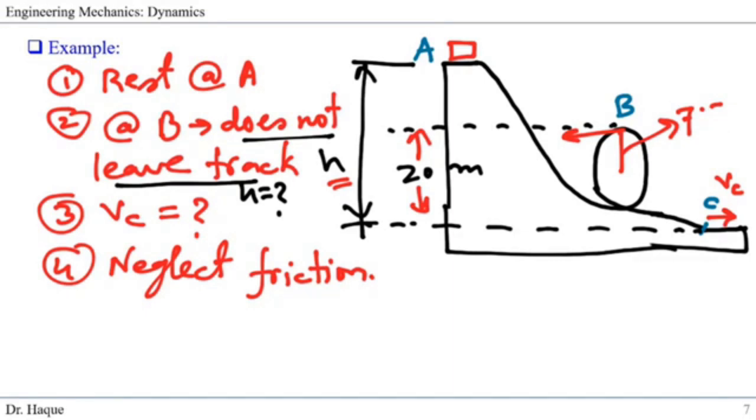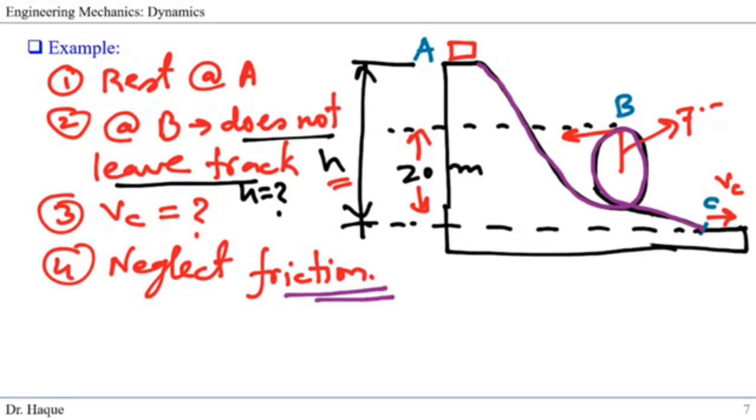First, let's see if this is a problem where we can apply conservation of energy. First, it says neglect friction, so most likely there is no non-conservative force, so all forces are conservative. Also, the path is given, so that is a second condition we may apply.